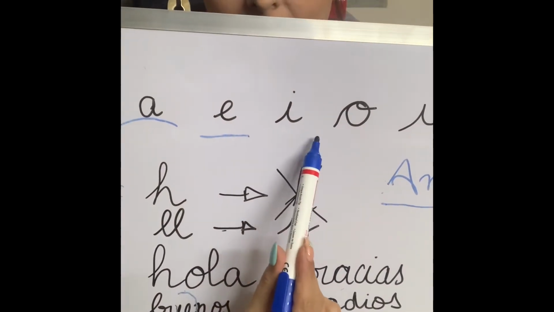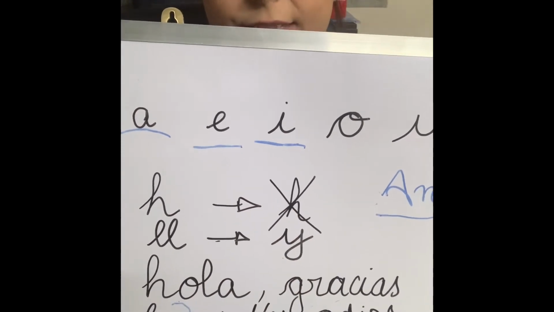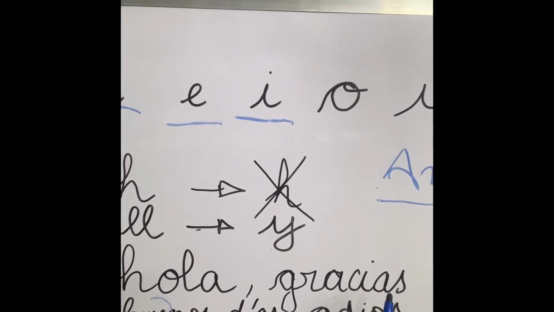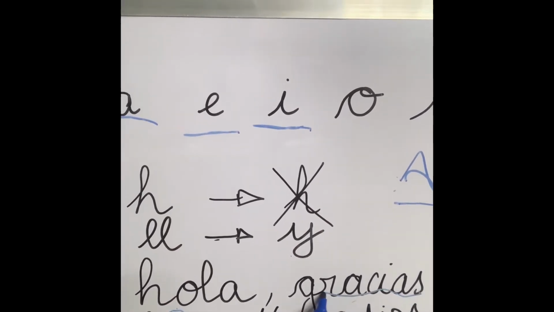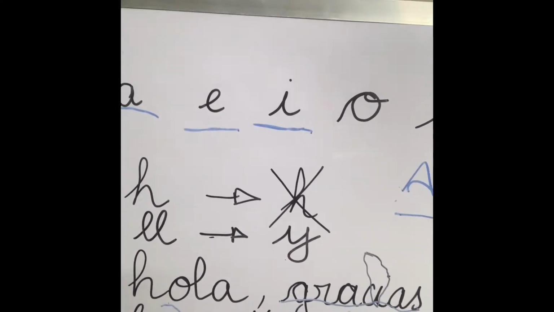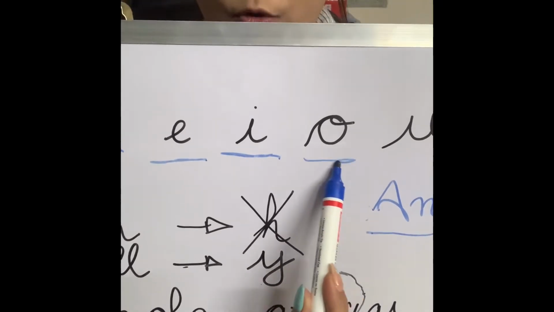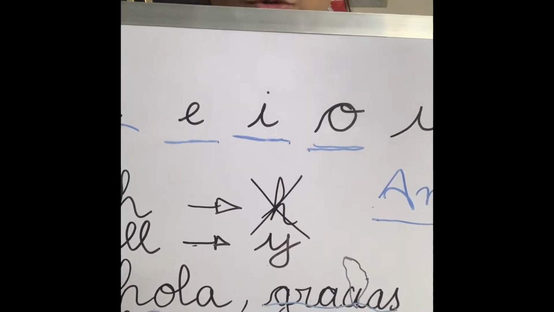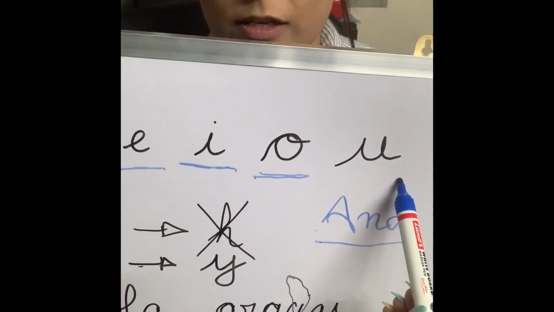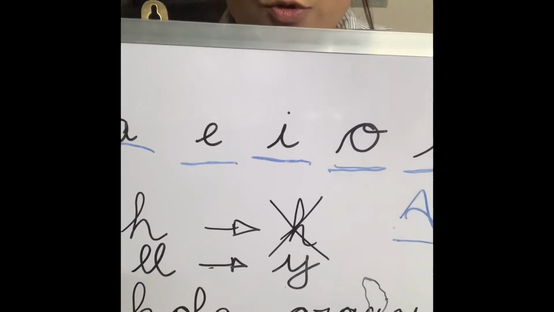Continuing with I. I is pronounced as E. So the word gracias. Gracias. Proceeding with O. O is pronounced as O, so no major changes in there. Now, letter U. U is pronounced as U.